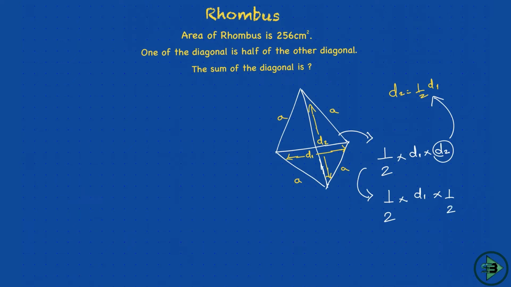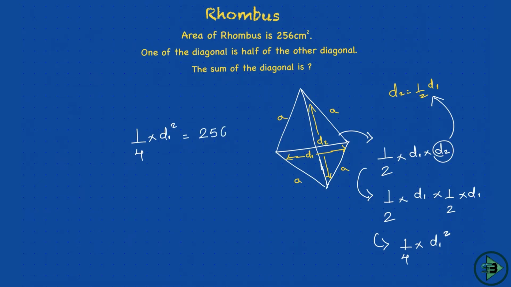So the answer comes out to be 1/4 into d1 square, d1 into d1 being multiplied. So the area of this rhombus is equal to 1/4 into d1 square, and that is equal to 256.